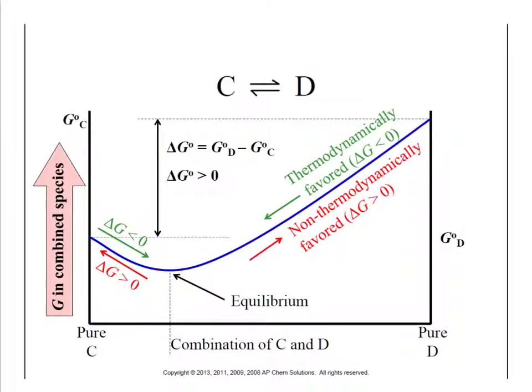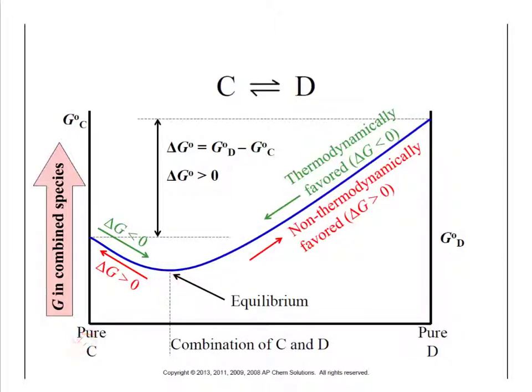Now, if we look at the reaction of C to D, so another general reaction, we would do the calculation, we would find out that the delta G for this reaction is greater than 0, so it's a positive number. So then one would say, hey, this reaction is not thermodynamically favored, therefore it won't even happen. Well, it does happen. It's just favored towards the reactants at equilibrium. So we can see if we start with pure D, it's going to proceed really, really far until it gets to equilibrium.